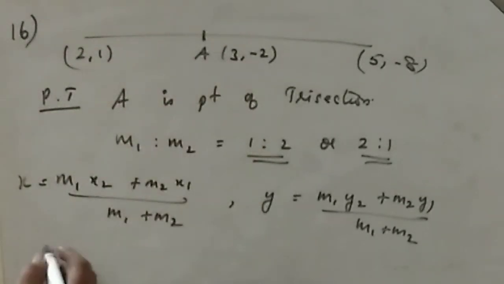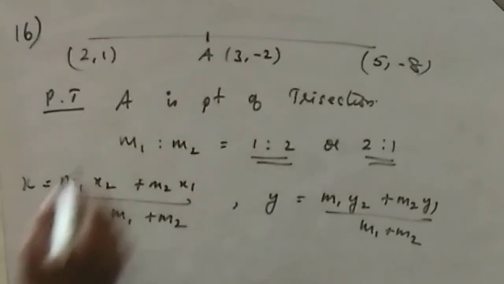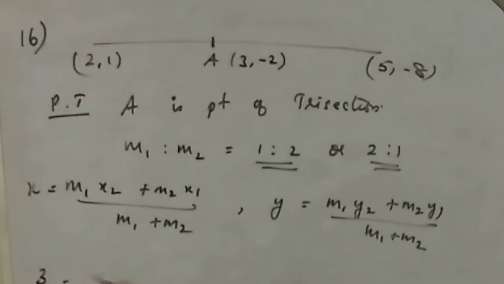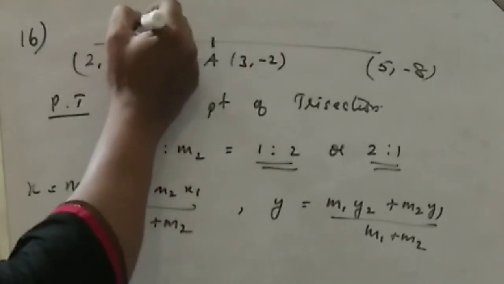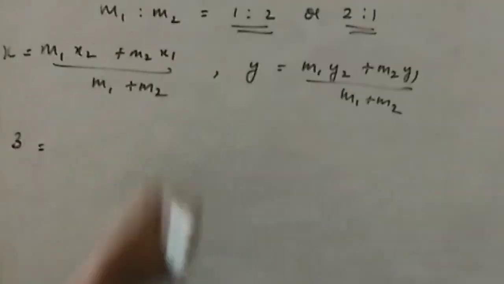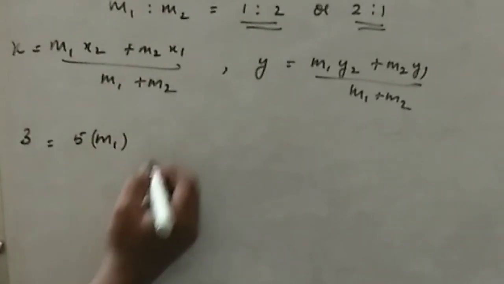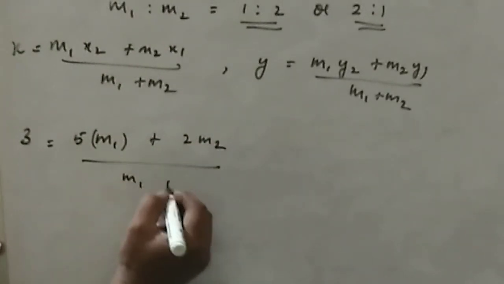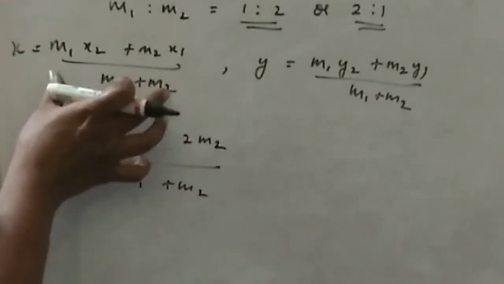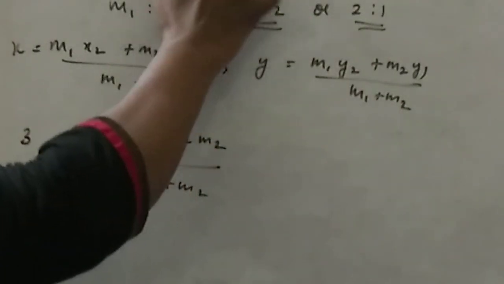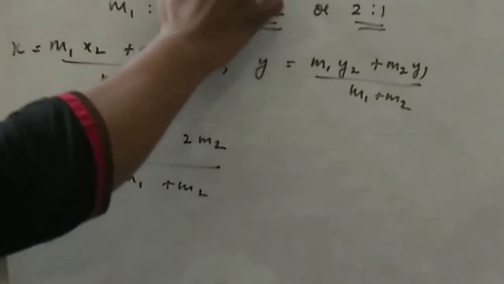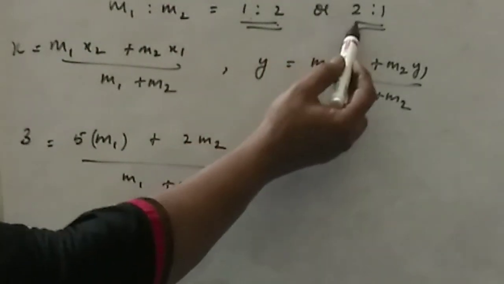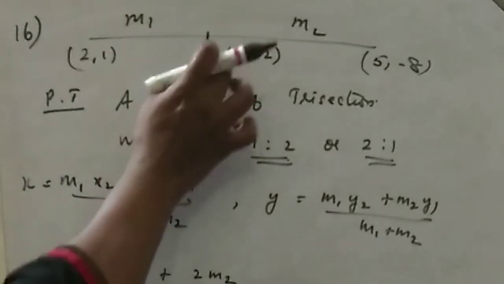Now in the place of x, you write 3 is equal to, this is m1 and this is m2, 5m1 plus 2m2 upon m1 plus m2. Either you take this one or this one because both are having the numbers. Any one you take and prove either 1:2 or 2:1. Now I am taking the first one.